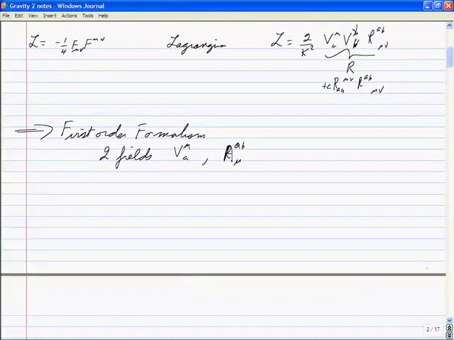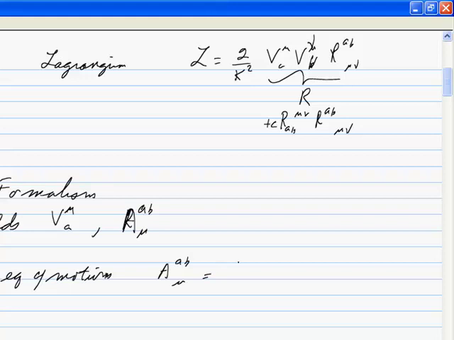The equation of motion for A_AB mu is, if I remember, G^rho sigma V_A rho d by d x^mu V_B sigma.